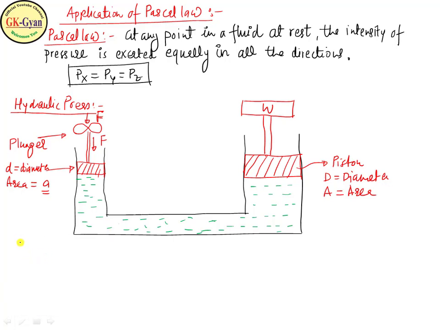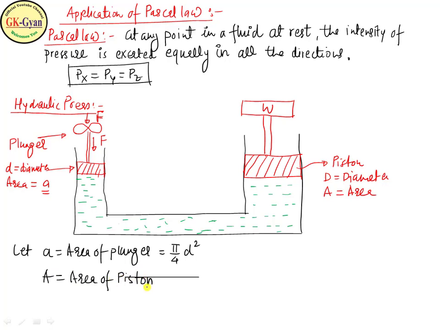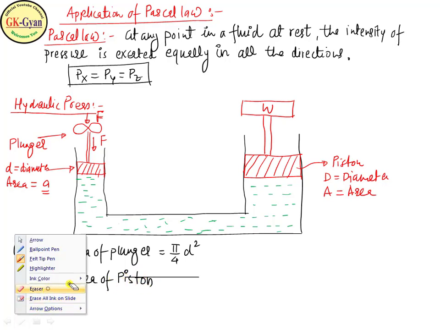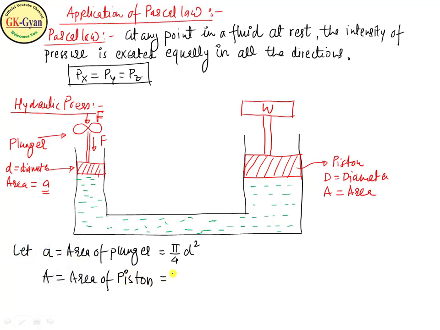Here small a will be the area of the plunger, it is pi by 4 into small d square, and capital A is the area of the piston, it is denoted by pi by 4 into capital D square.